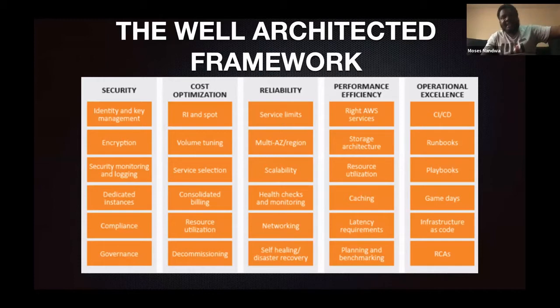What's your storage architecture like? Are you using block storage? What forms of storage are you using? Are you using solid state drives, or just ordinary hard drives? What resource utilizations are you using? How much RAM are you using? How much network are you using for your network transfers?